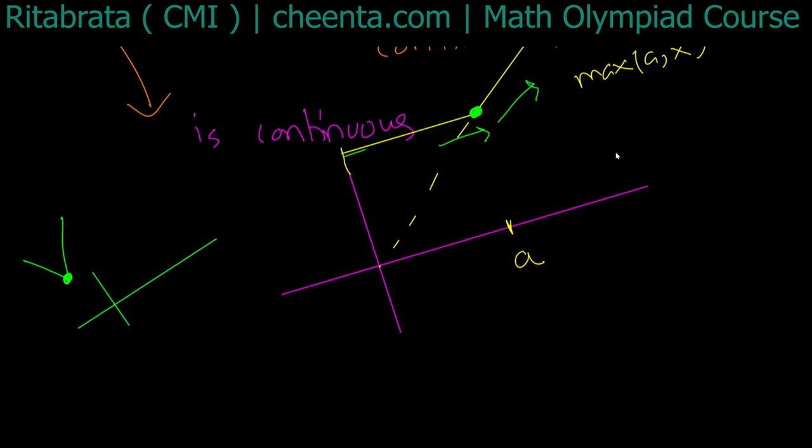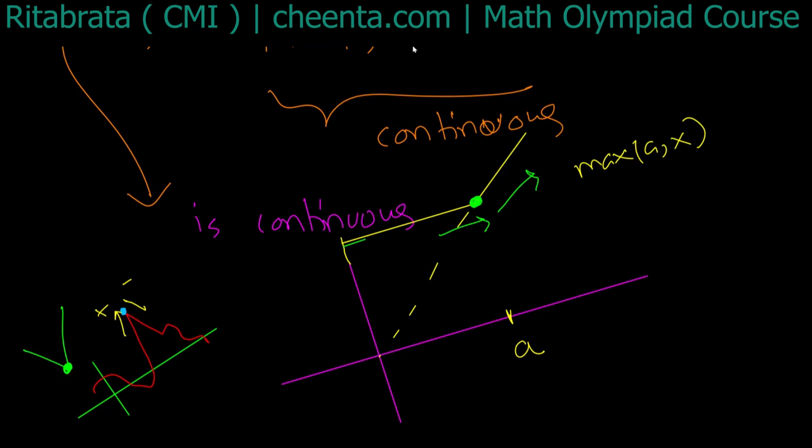At this peak point where the graph is very sharp, the function is not differentiable. You can easily see that, because differentiability is a measure of slopes. When you go from this direction, the slope is negative, and from this direction, the slope is positive. So the corresponding limit of slopes doesn't exist, so the function is not differentiable.